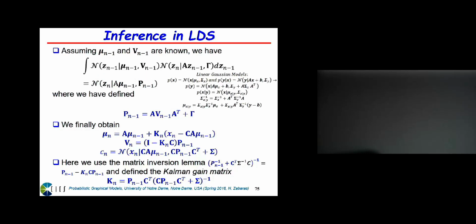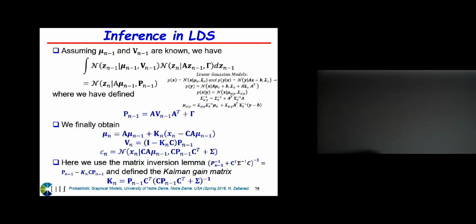You know P of x, I'm using this generic notation, and P of y given x, and we need to invert this and compute P of x given y, and that is given by this nice formula with this mean and this variance.